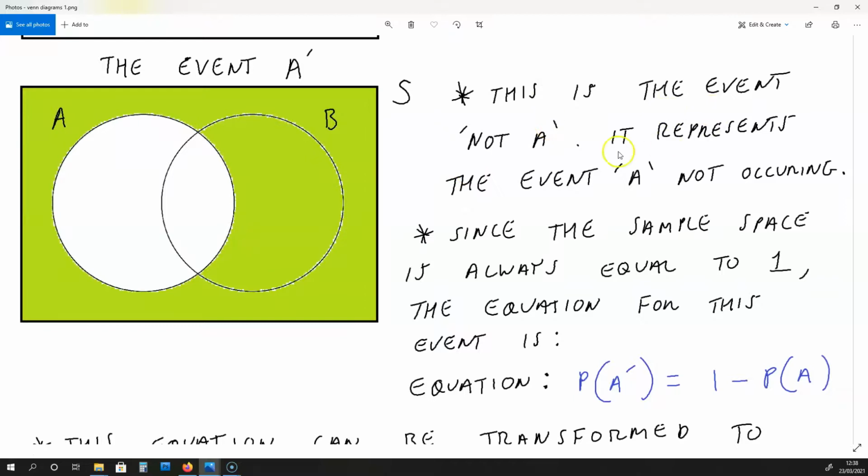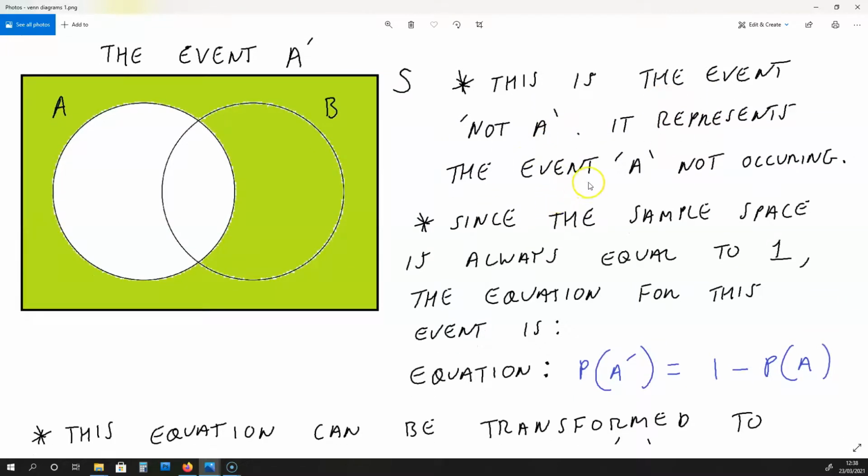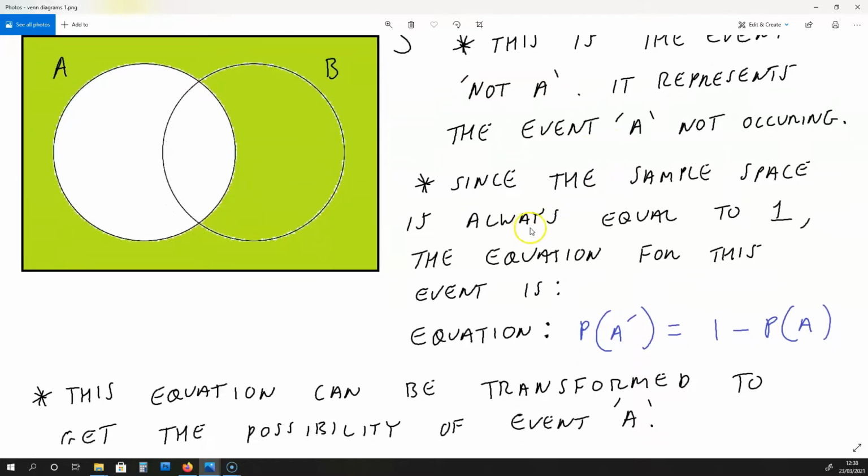This is the event not A. It represents the event A not occurring. Since the sample space is always equal to 1, the equation for this event is 1 minus the probability of event A taking place. Okay? So the probability of not A is equal to 1 minus the probability of A.